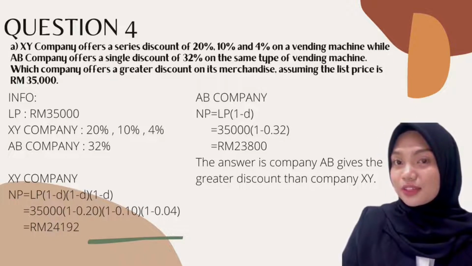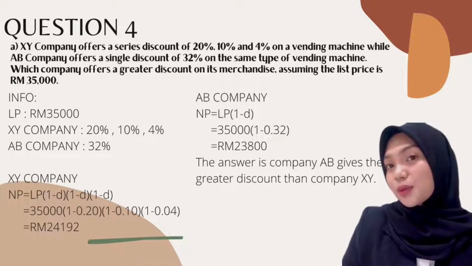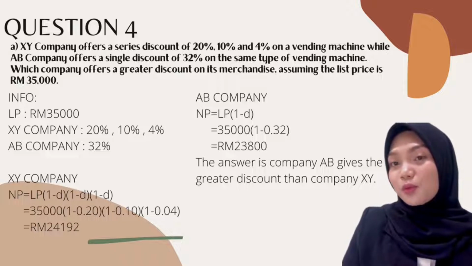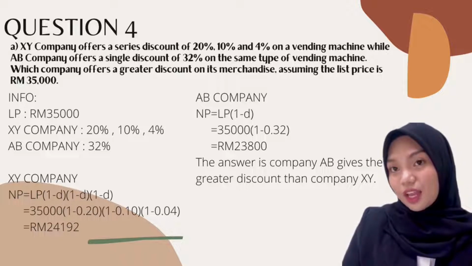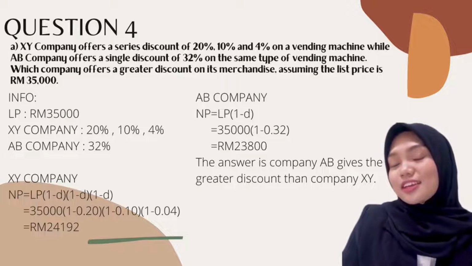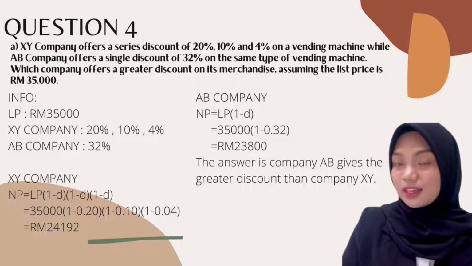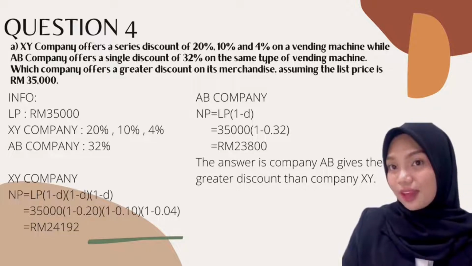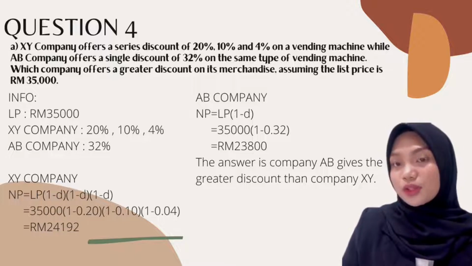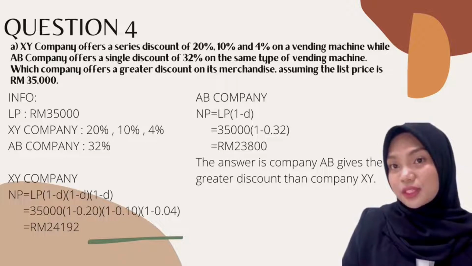To find the net price for XY company, we have to use formula net price equal list price and multiply 1 minus D. So we have the list price 35,000 in brackets multiply with 1 minus 0.20, 1 minus 0.10, and 1 minus 0.04. And then finally, we can get the net price for XY company is 24,192 ringgit.